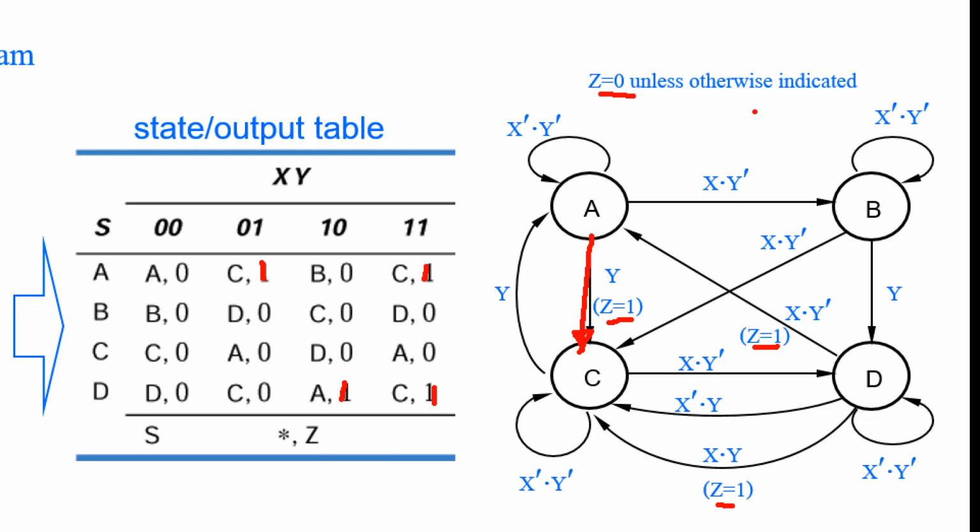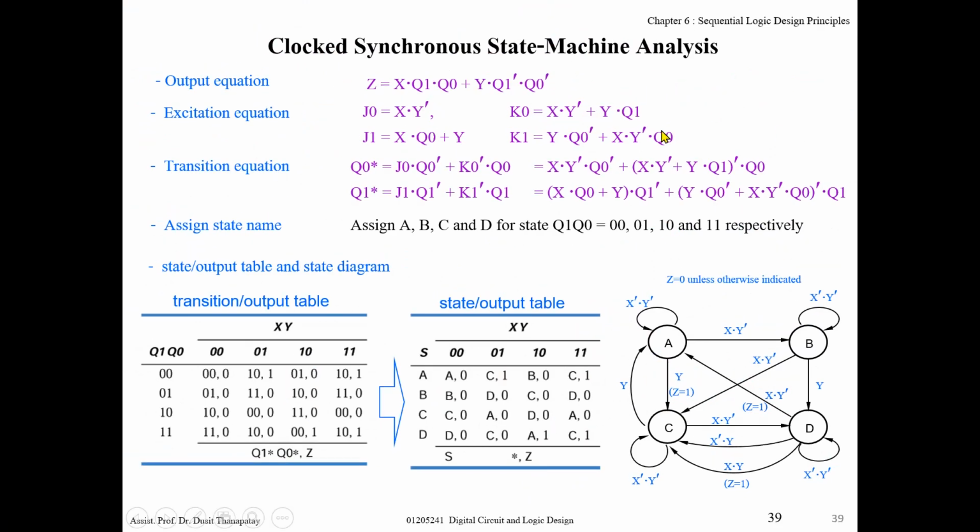On the arrows where the output is 0, you write nothing. That means you write only the arrows that are active, with the output condition when the output is 1. This is just an example.